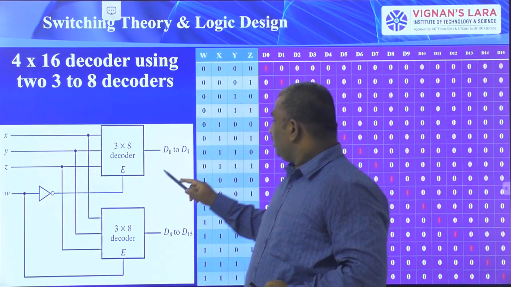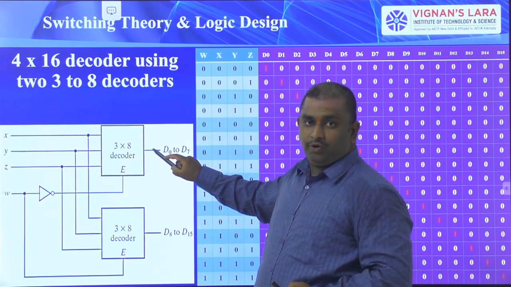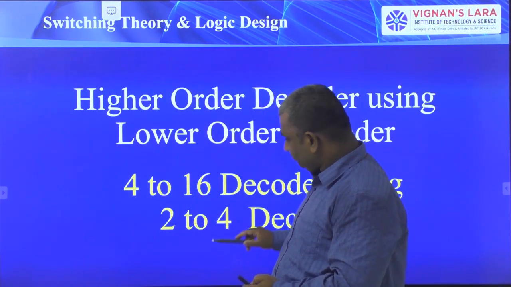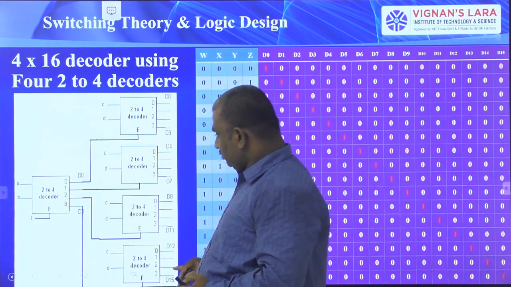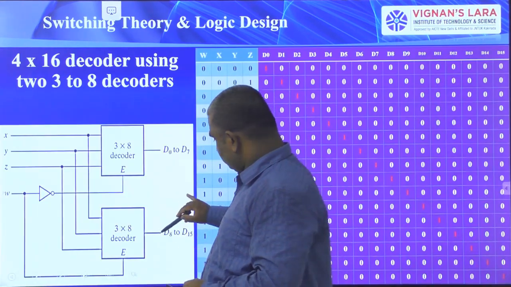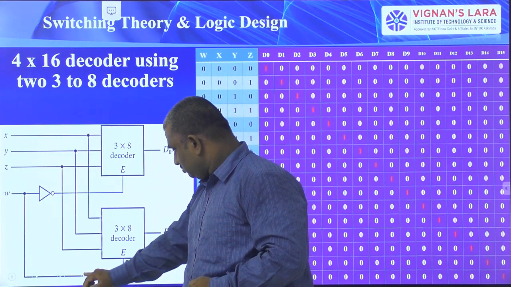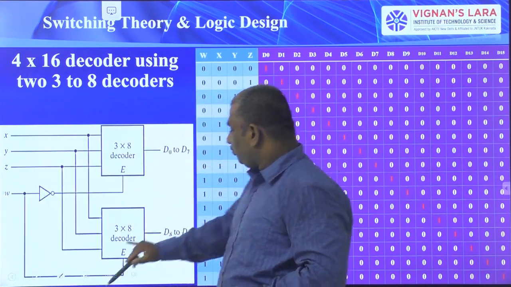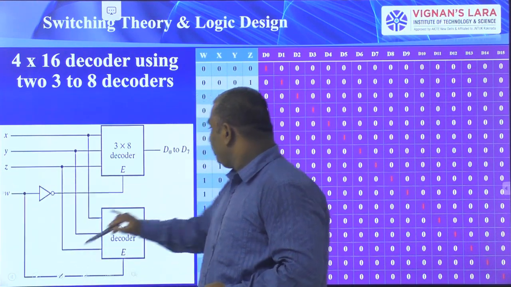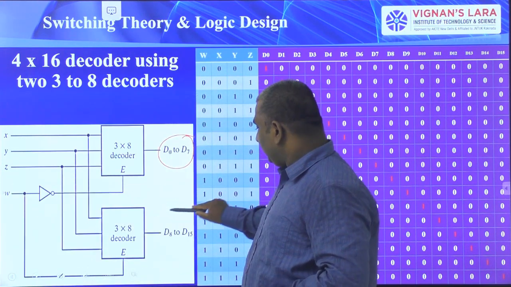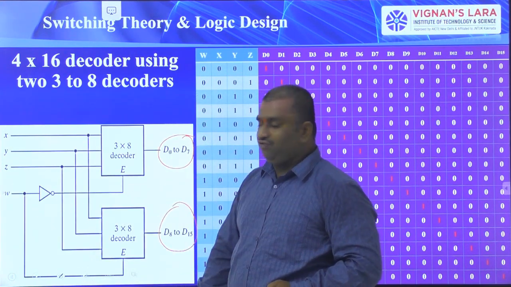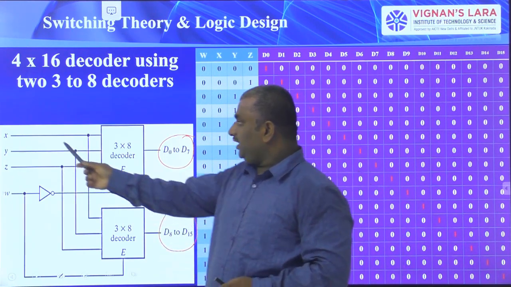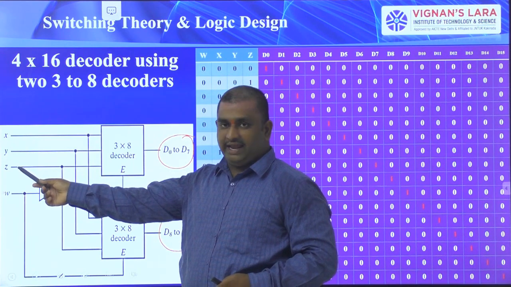So here, one output line I have mentioned, but it is not one output line. It consists of D0 to D7, and here we have D8 to D15. Here we have 8 outputs, and here we have 8 outputs, and the inputs are 3 inputs X, Y, Z.